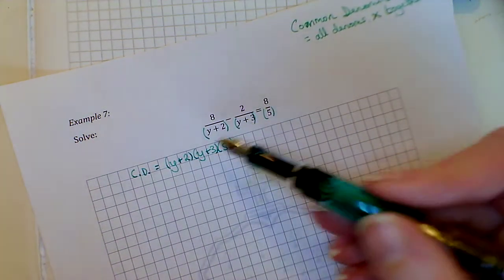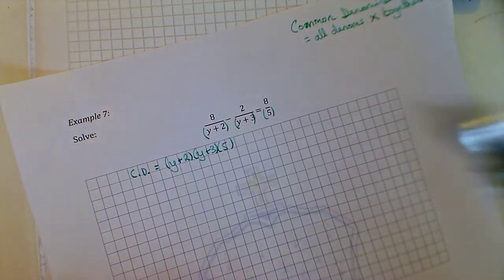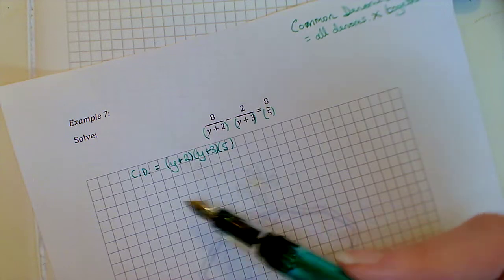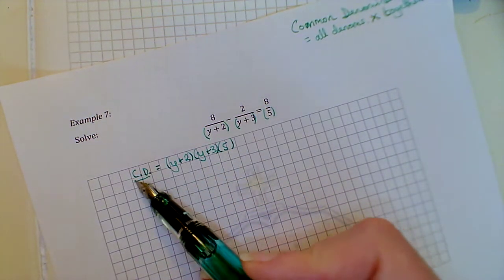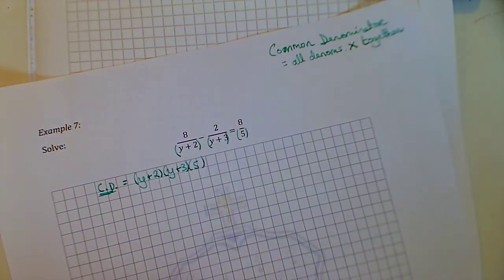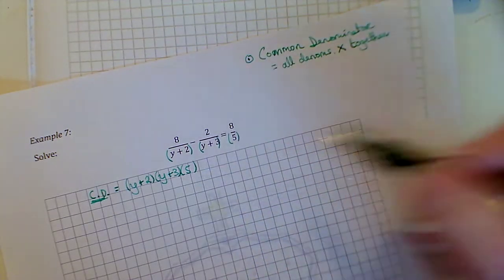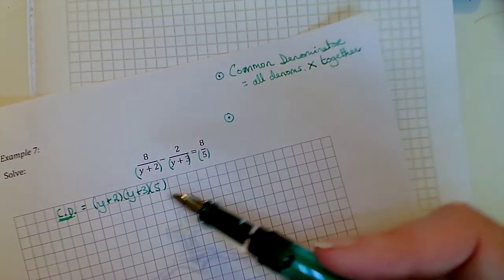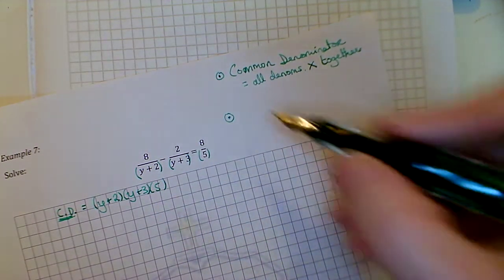Now, if I had something that one of those divided into, I would probably change up my common denominator, but you can always do this. Just remember that you might have to simplify at the end if you find your common denominator by all denominators multiplied together. If you have more than one term with a variable in it, with y in it, then you'll end up with y times y somewhere in your answer, which means you end up with a quadratic.